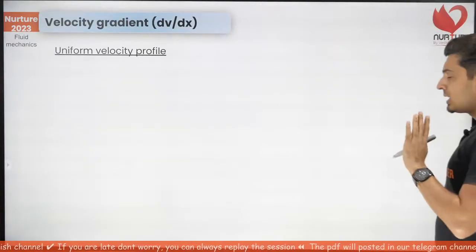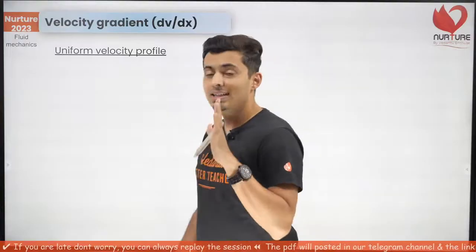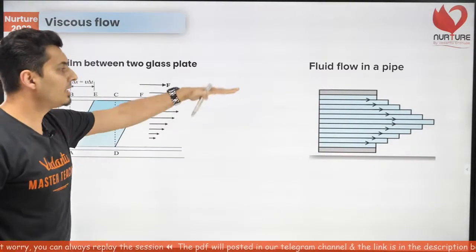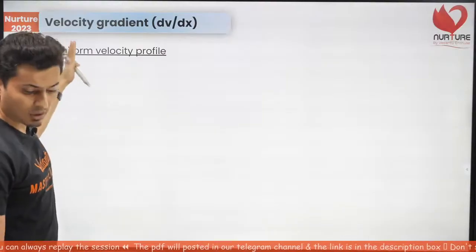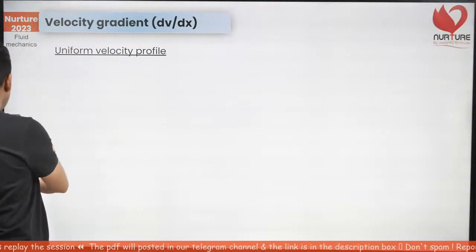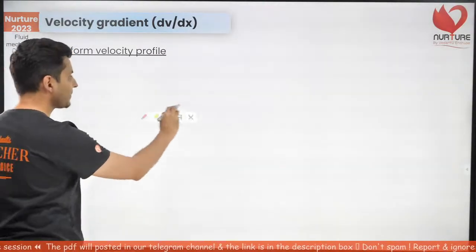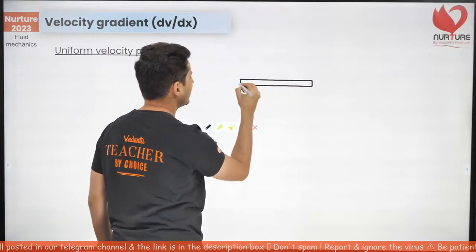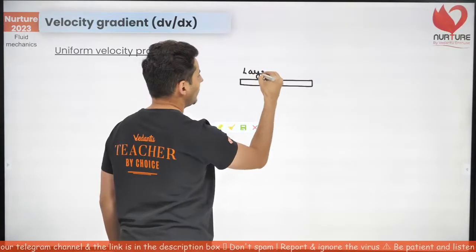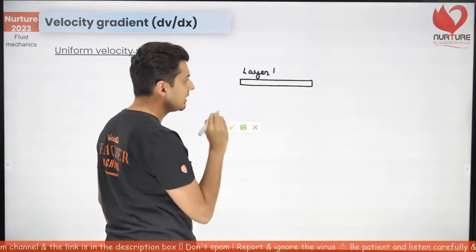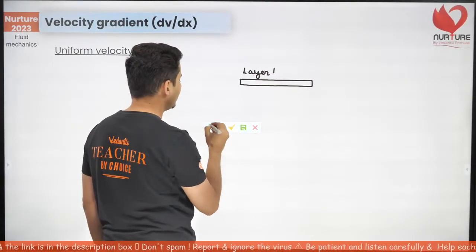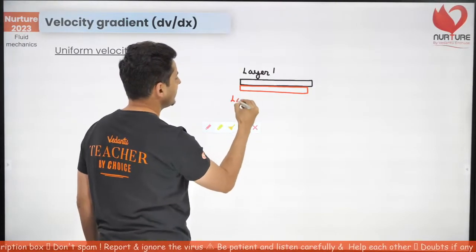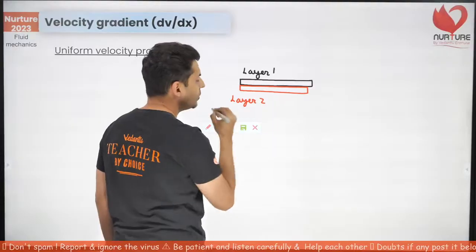Now, this brings us to something called the velocity gradient, because you just saw the velocities of different layers are different. So it's good now to define the velocity gradient. Just imagine that you have a certain layer of fluid, let's call it layer 1, and another layer, like this, let's call it layer 2.